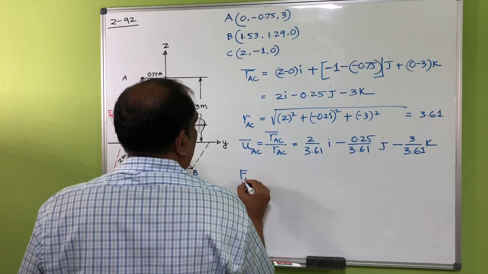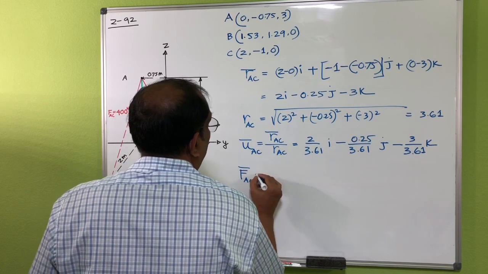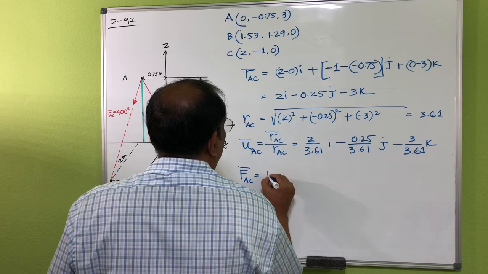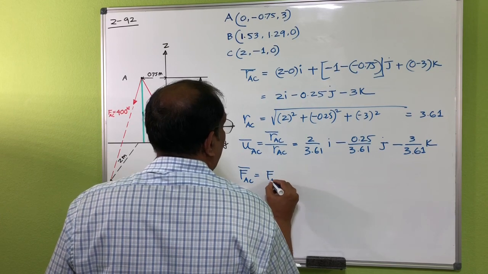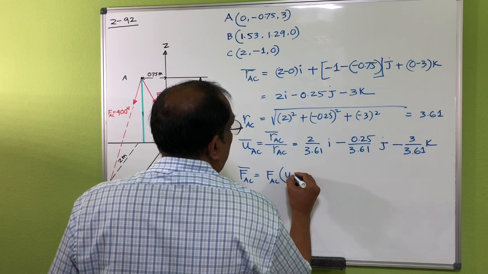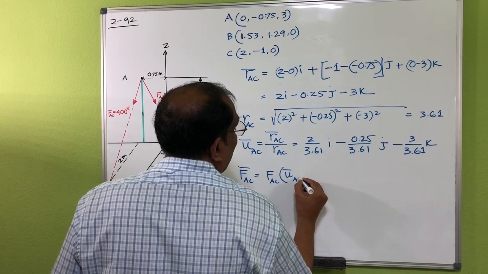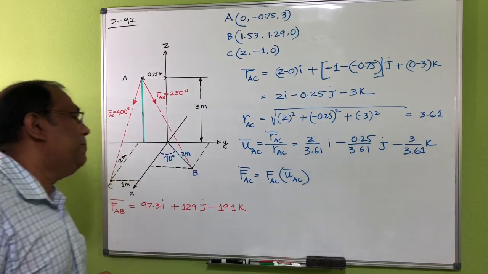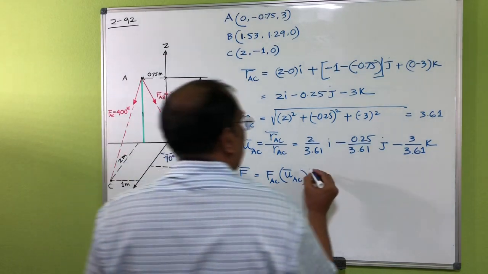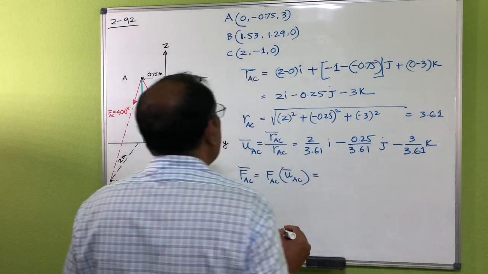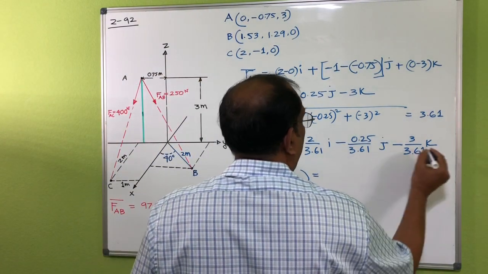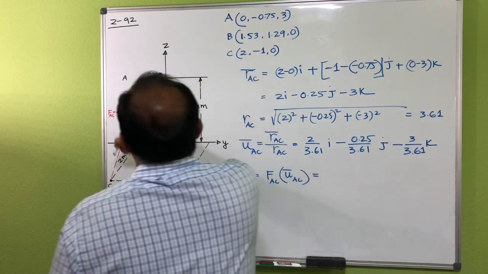So force vector AC would be equal to magnitude of AC multiplied by the unit vector AC. So that would be 400.